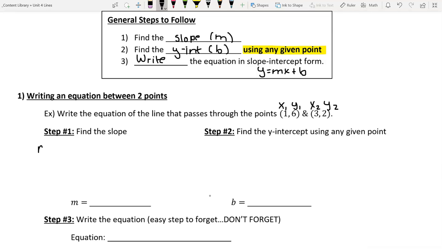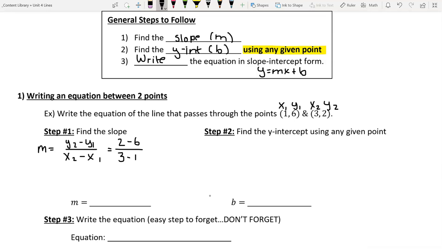Step 1 is find the slope. So we have to do y2 minus y1 over x2 minus x1. So I'm just plugging in. I labeled my points. y2 is 2 minus y1 is 6 over x2 is 3 minus x1 is 1.